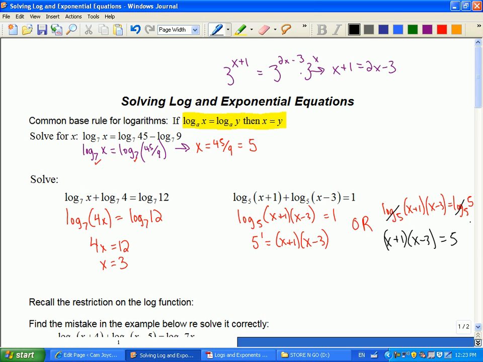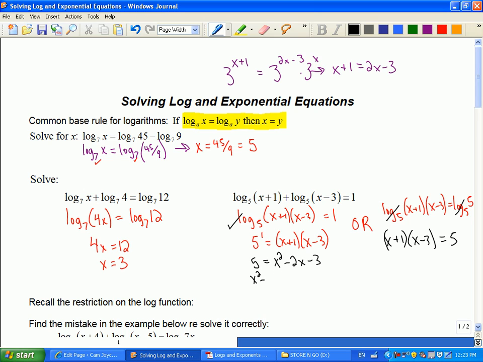Both are perfectly acceptable ways to solve. I am going to continue on doing it this way, rewriting it as an exponent. Okay, so that's how you could do it either way. When you have logs, you can drop them when you have a common base, or you could rewrite it as an exponent, which is what we did here. Okay, so 5 is equal to x squared minus 2x minus 3.